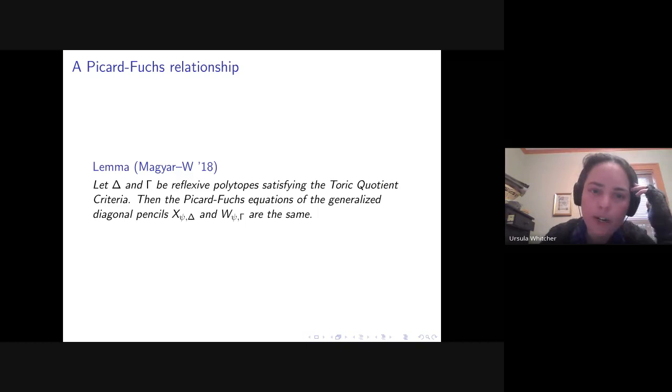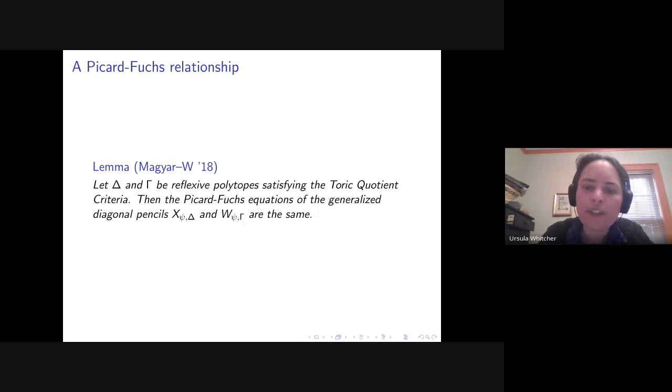This is something that I worked out when I was in Wisconsin with an undergraduate student: if you have reflexive polytopes that satisfy this quotient criterion, then you get Picard-Fuchs equations on each side of these generalized diagonal pencils that are the same Picard-Fuchs equation.